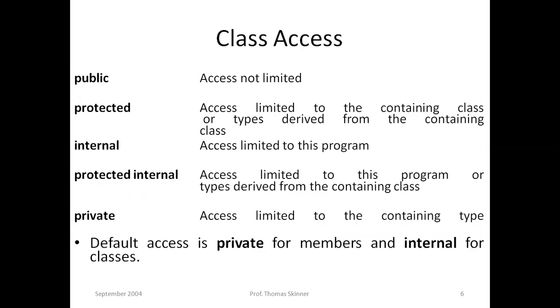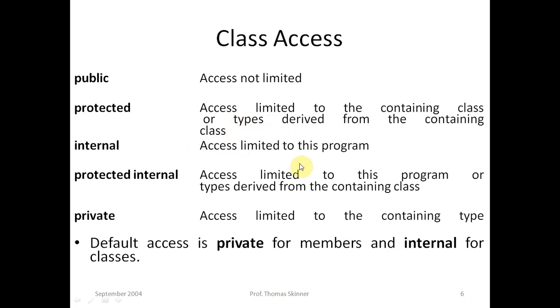You can also see the public access is not limited, public is used anywhere. Protected is used in the derived class as well as the same class, access limited to the containing class or types derived from the containing class. So whichever class is deriving the class, there it can be used.